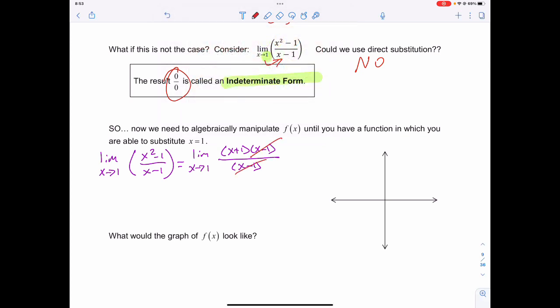we can cancel out the x minus 1, remembering that when I factor that out of the numerator and denominator, there's still a point of discontinuity at x equal to 1 because that was a non-permissible value.